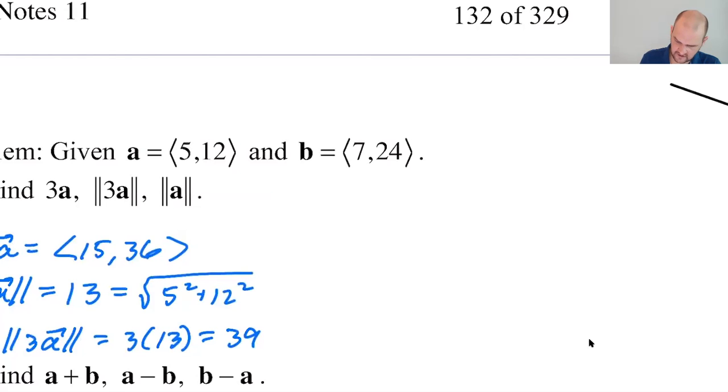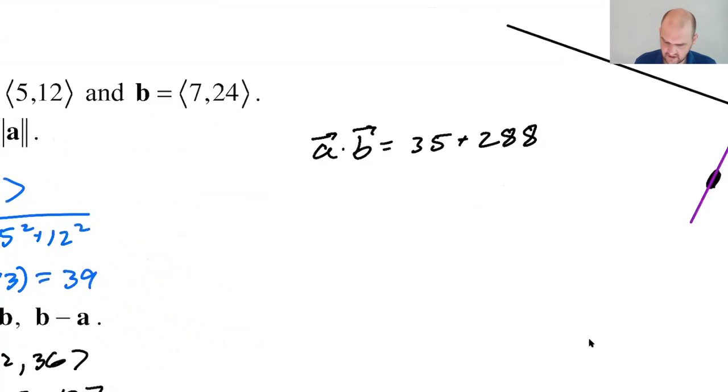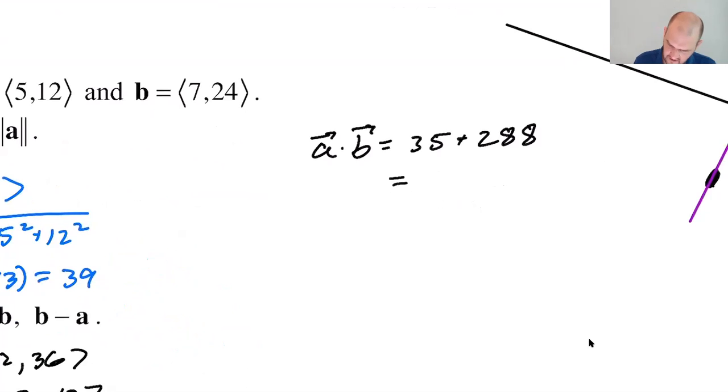A dot B is going to be 35 plus, what is this, 288. I thought of it as 12 times 12 times 2. 12 times 12 is 144, and then times 2. So this is 323.